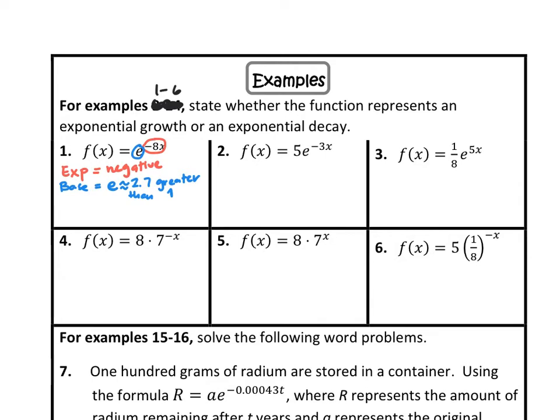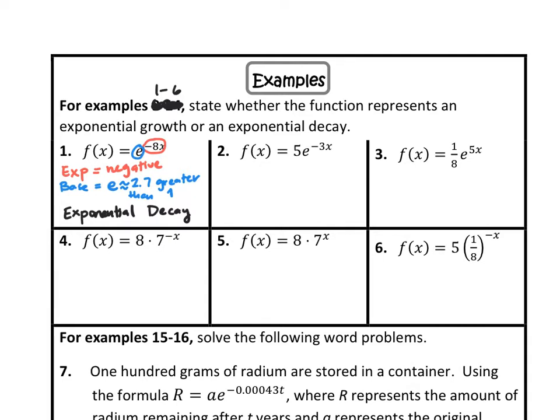So we're going to end up having exponential, what do you guys think? Exponential growth or decay? Correct, we're going to have exponential decay. Because remember we said that for this lesson we're looking at the exponent, and if it's negative we have decay, but we have to check the base and see if the base is greater than 1. Okay.